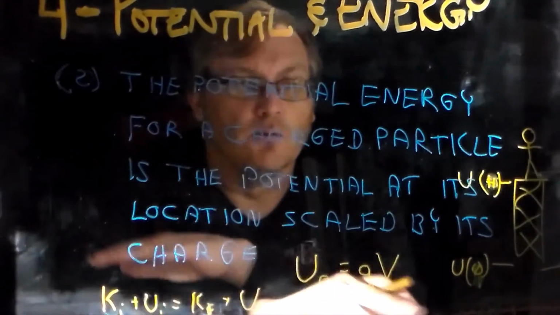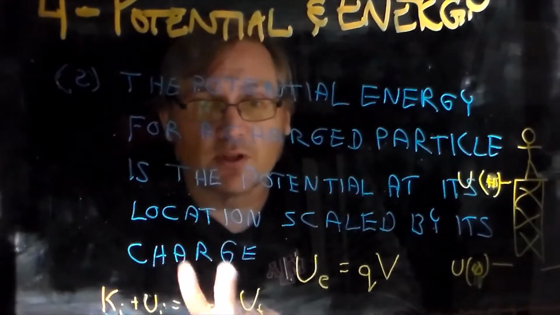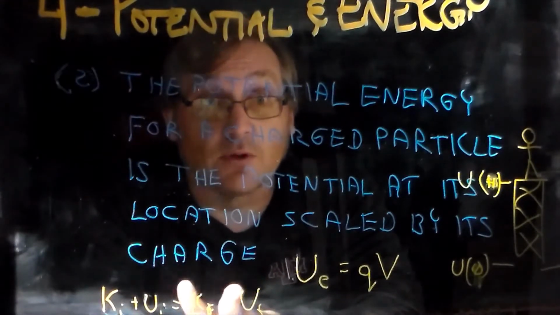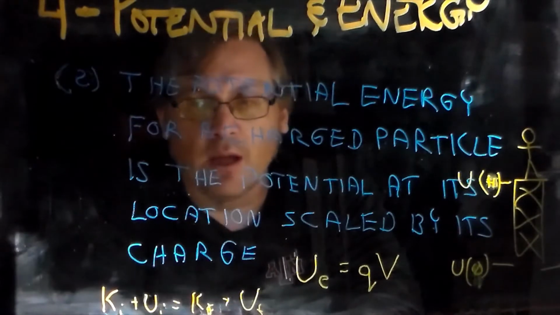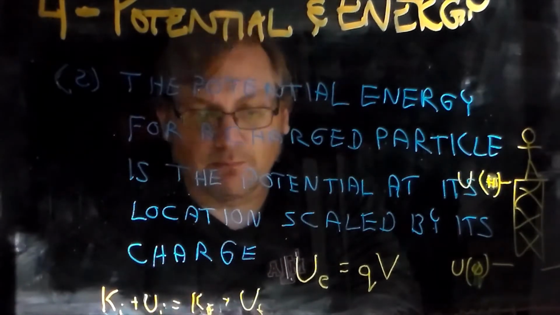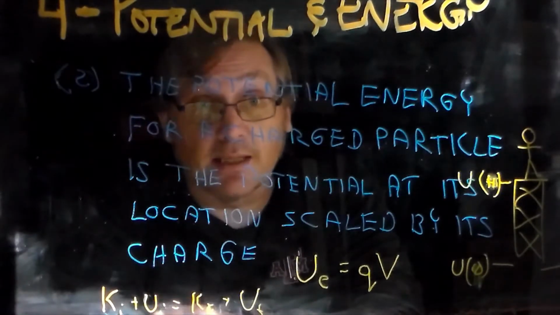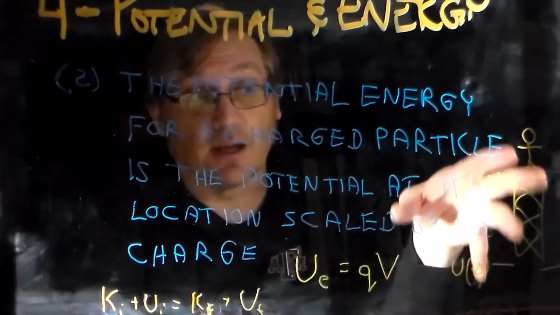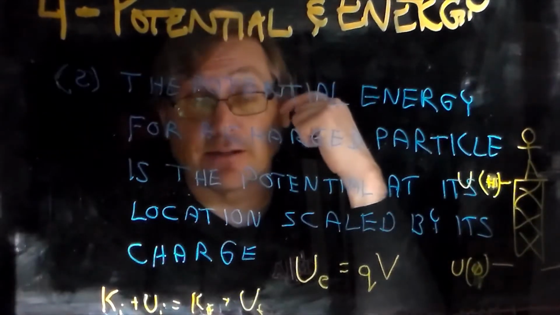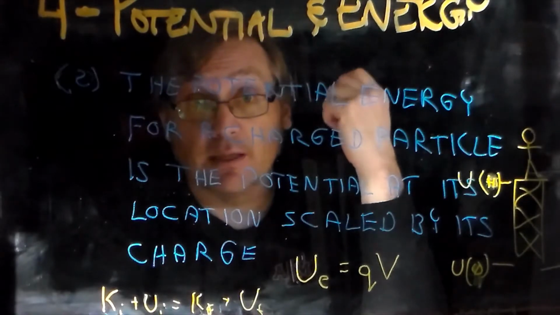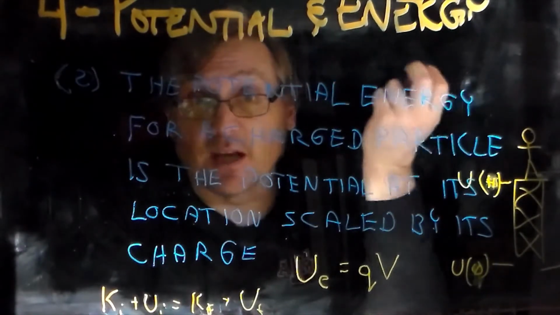Right? So I should mention that there are two special cases that we'll look at. These two special cases are very important. The first special case is the case that I'm just talking about here, and that's going to be the potential inside of a circuit.